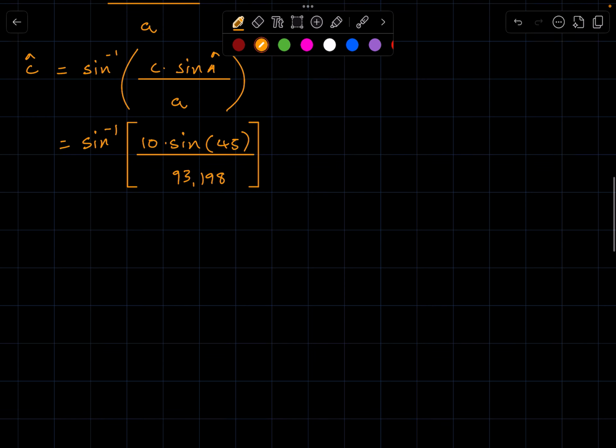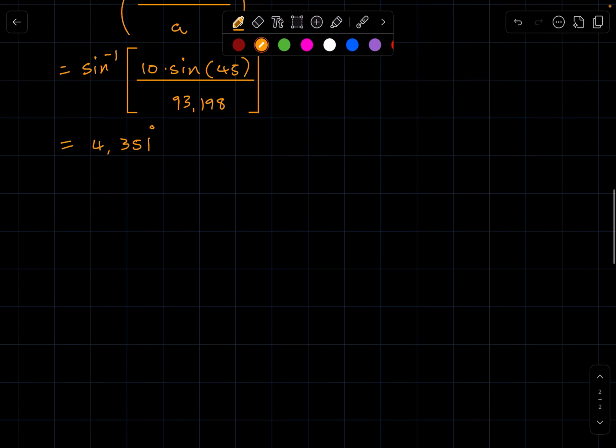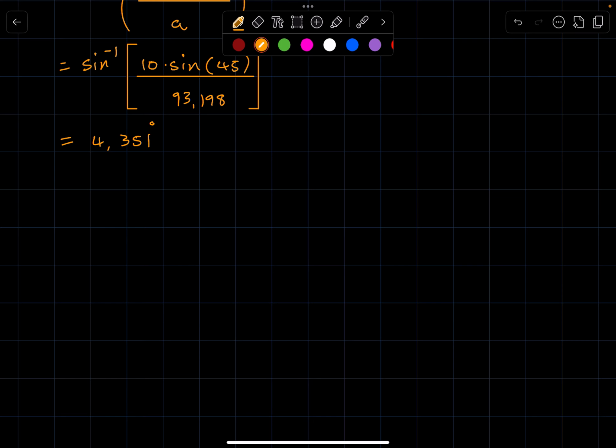If you punch this in your calculator, angle C will be equal to 4,351 degrees. Remember, we've already established that angle C is equivalent to that angle theta. It gives us the direction, or the angle of direction, from the perspective of the x-axis. This angle is referenced from the x-axis.